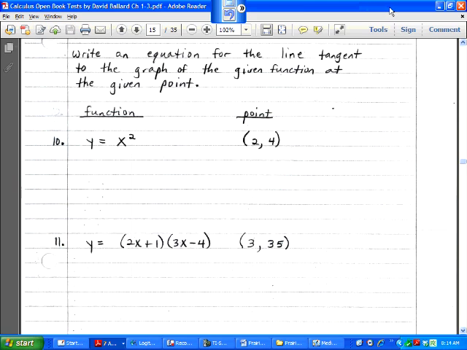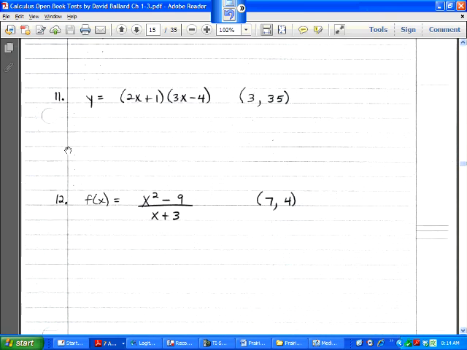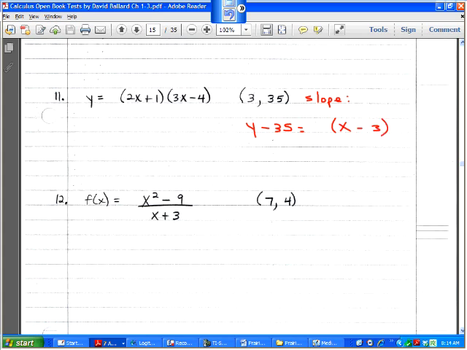Okay. So let's go to number 11. Number 11, we have a point. We're wanting the equation. We need the slope of the line and a point on that line. And then we could plug in, we would have y minus the y of 35 is equal to the missing slope times x minus the x of 3.